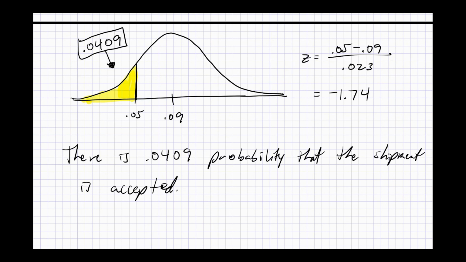Exactly. We know the true answer. The true answer is you should get rid of this. Don't accept, right? So there's still about a 4%, but 4% is pretty small, right? So in order for me to accept this, knowing that this shipment we shouldn't accept, it's pretty small.